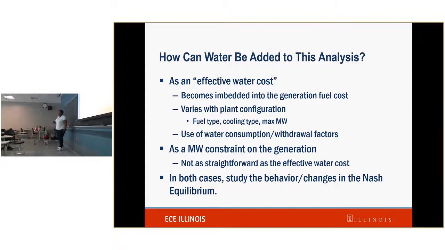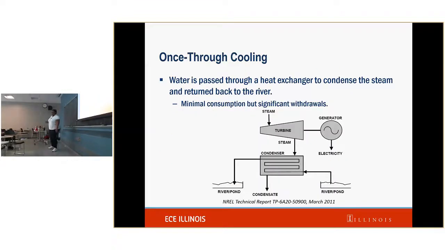Or you can create a megawatt constraint where the max megawatts available by a generator are constrained by some sort of water limit. I find this one to not be as straightforward because there's more publicly available information relating to the first methodology. And then, again, as I mentioned, study the changes in Nash equilibrium.